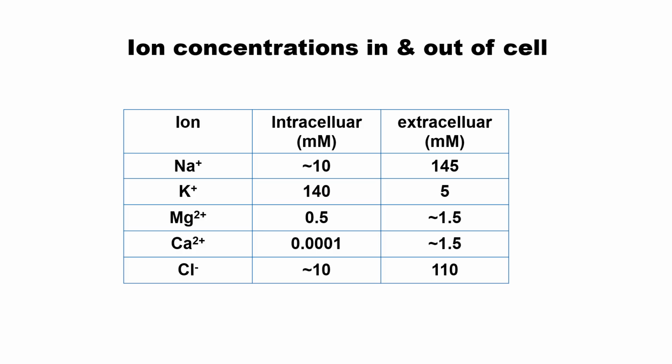So this more than 10,000 times difference makes inside and outside very uniquely different. Chloride concentration is also much higher outside, but inside there is a lot of phosphate that can make this charge balance.